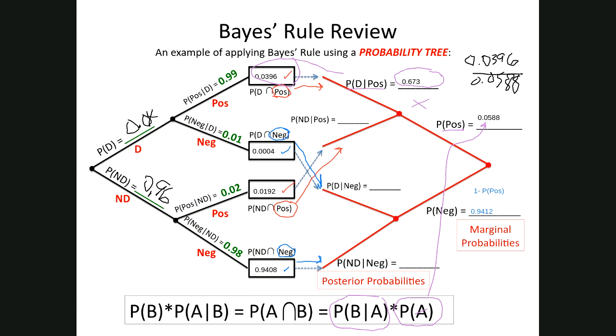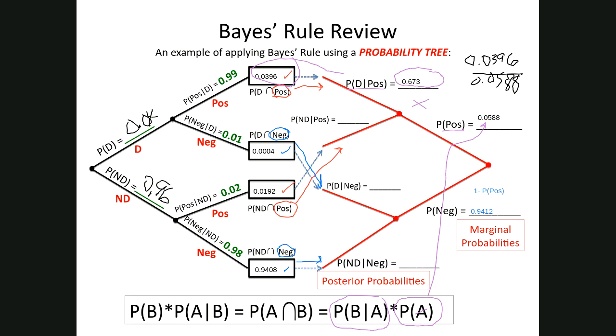And the answer to the other question, which is also important, is the chance of a false negative test, or in other words, the chance that the person has the disease given there's a negative result.